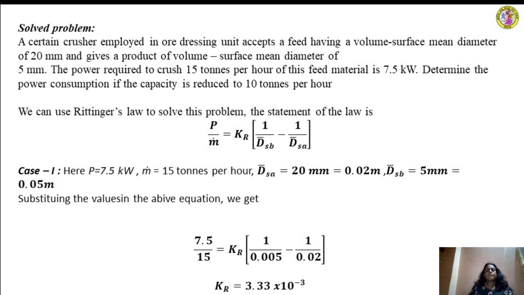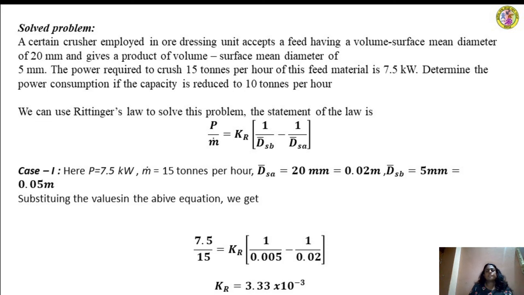The power required to reduce the material that is fed at a rate of 15 tons per hour is 7.5 kilowatts. So if you look at the law statement, P is given, m dot is given, dsa bar and dsp bar are given. So you are supposed to calculate the Kr value.